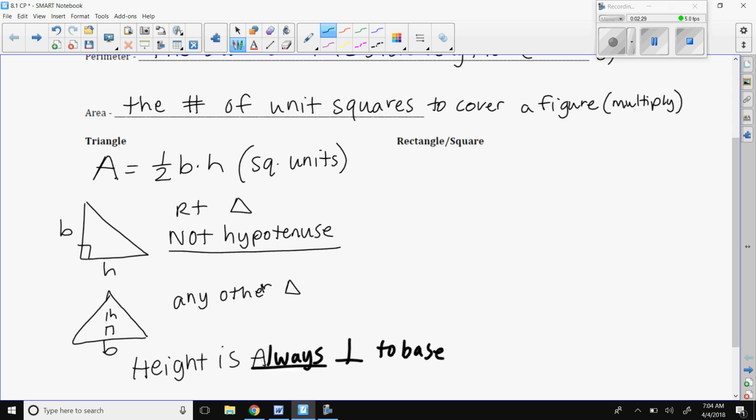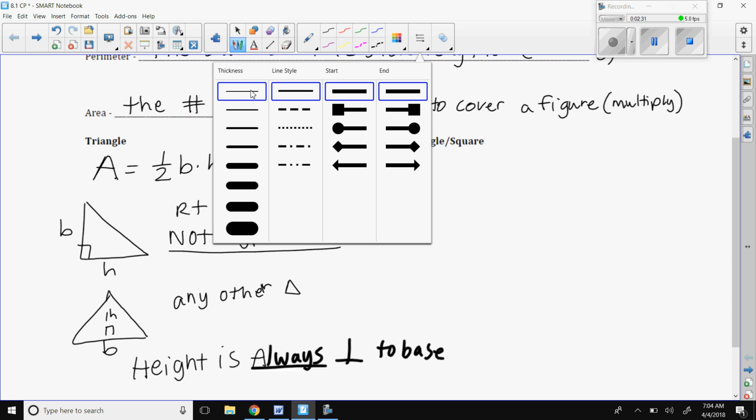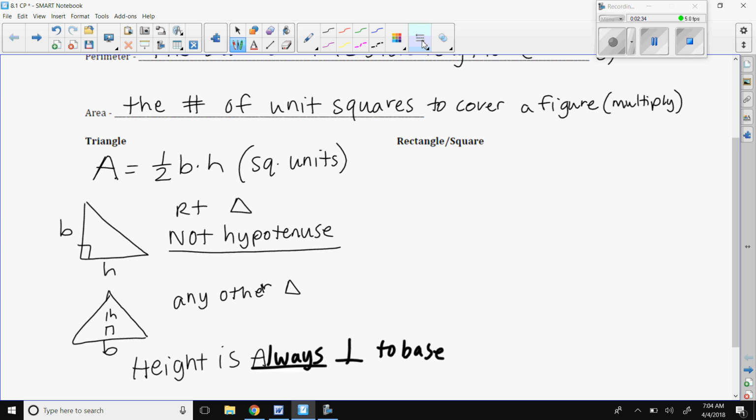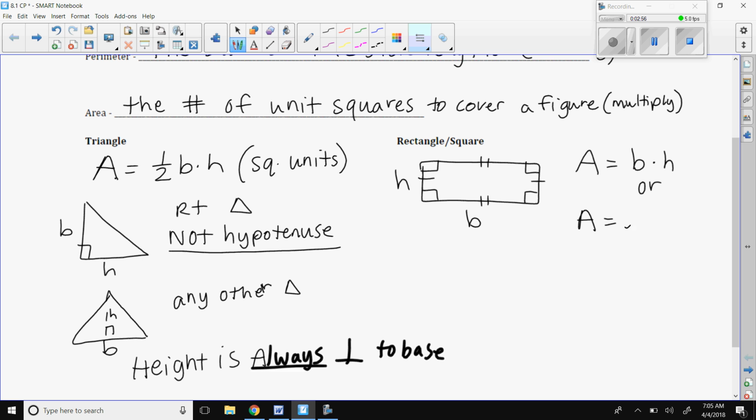Okay, so that's an important thing for us to know about the height. And for a rectangle, it's got 4 right angles, opposite sides are congruent. You can have a base and a height. Our area formula is going to be base times height, or you can say length times width.